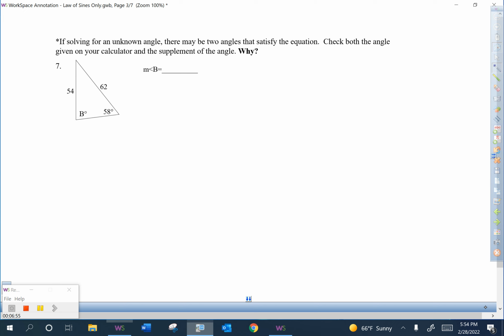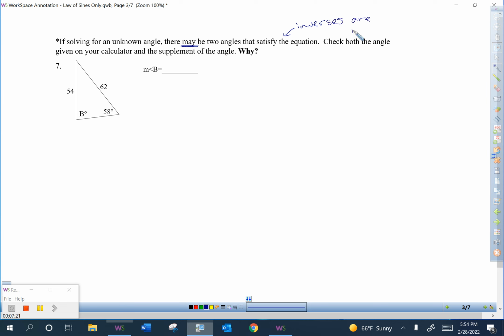Okay, but here's what's new. When you were taught about law of sines the first time around, you probably weren't taught that this is actually an ambiguous case where our calculator gives you one answer, but there actually may be a second answer. Okay? And that comes directly from our idea of the inverses that we learned in 5.2.